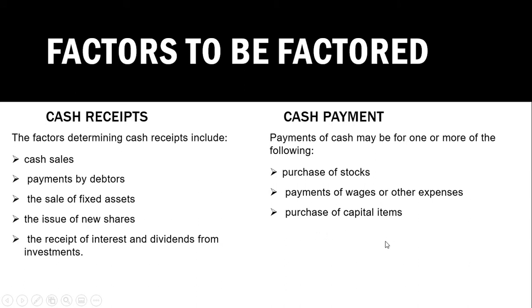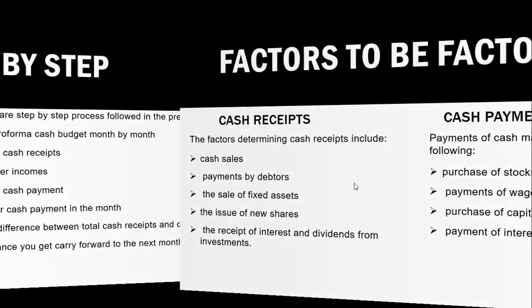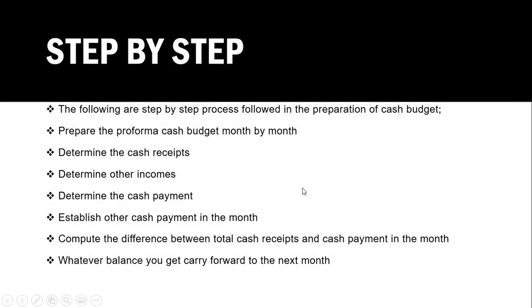Purchase of capital items, this is what you call capital expenditure. Payment of interest, dividend or taxation. If the company has actually borrowed or bought some investment from other companies, then it must pay some interest or dividends.